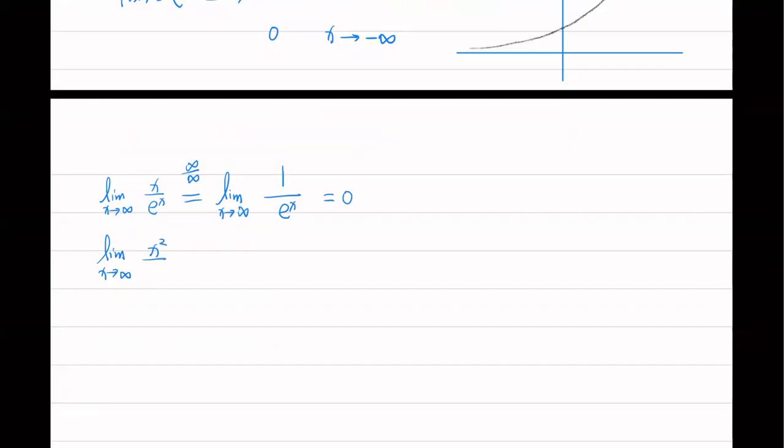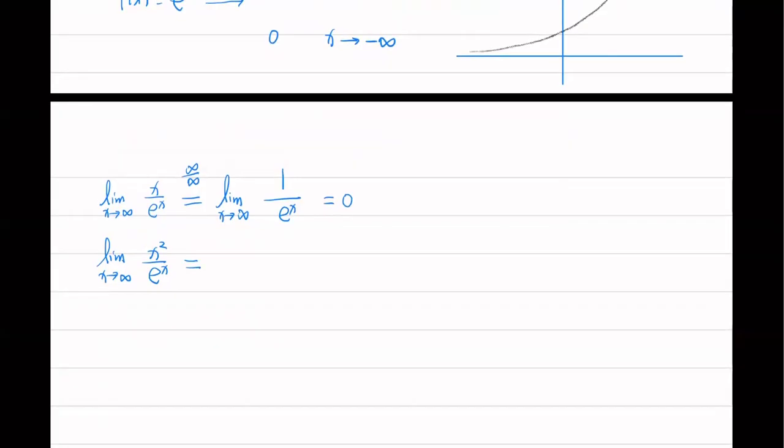x squared over e to the x. What should we do? Okay, let's apply L'Hopital's rule. We get 2x over e to the x.